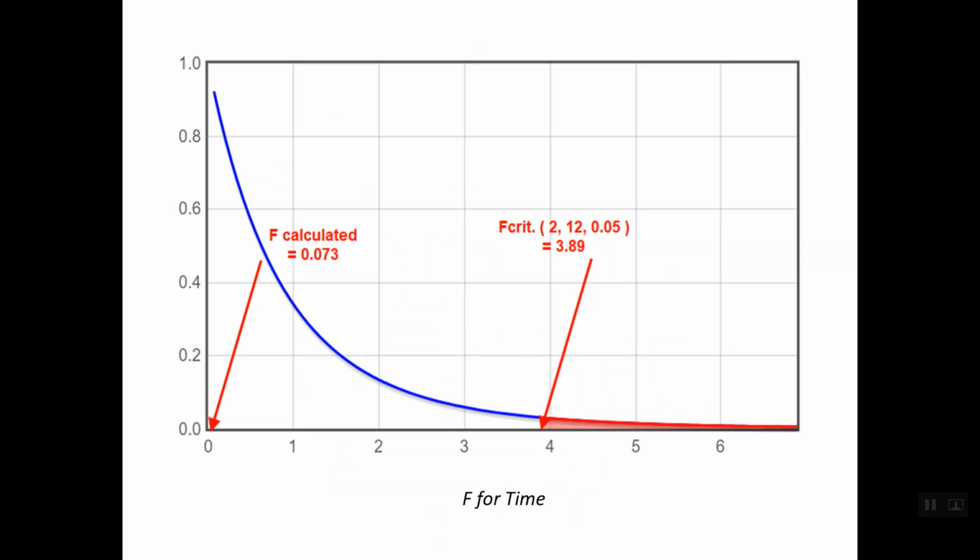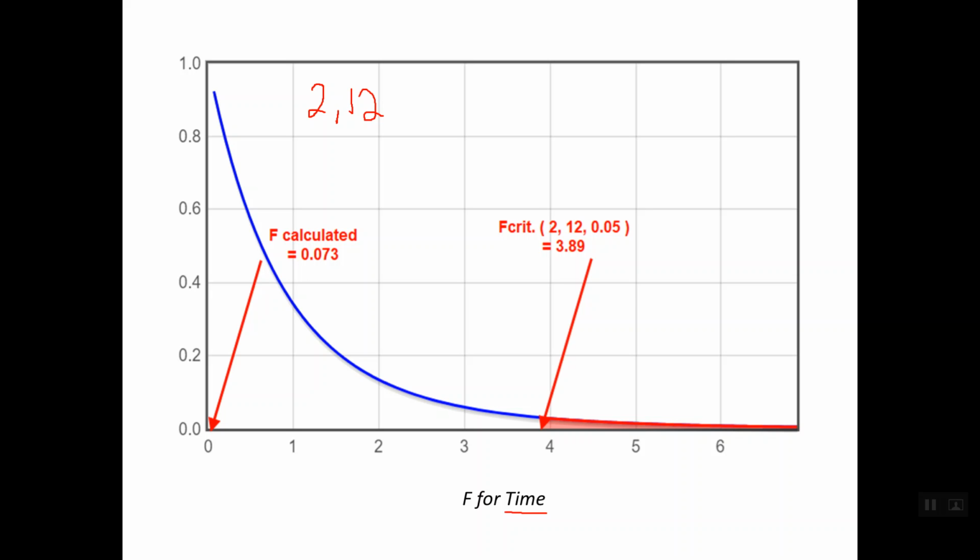Regarding the second factor, which is the drying time, this is the shape of the F distribution curve for the second factor. Notice for this curve, the value of the degree of freedom for the numerator is equal to 2, and for the error it is 12. So it will be slightly different from the previous curve.